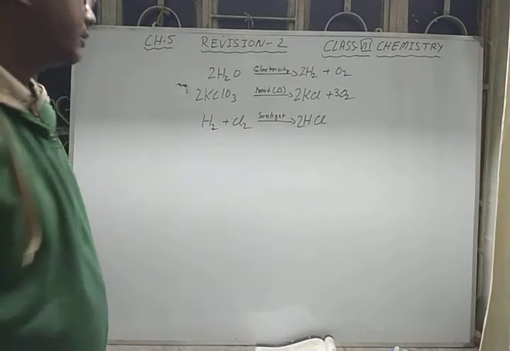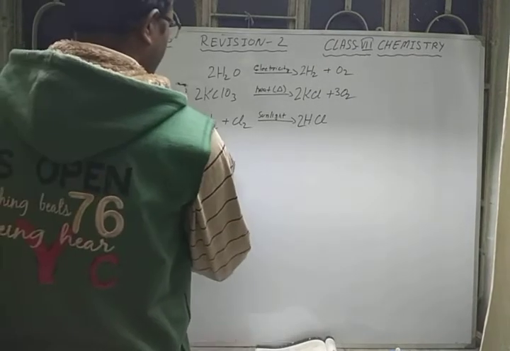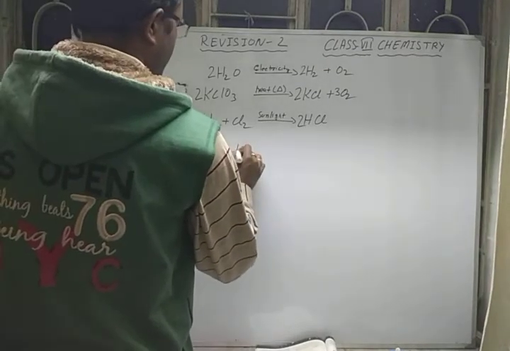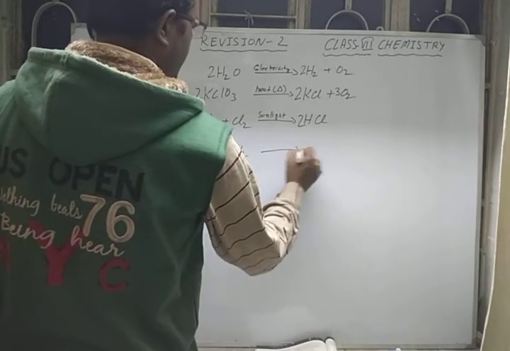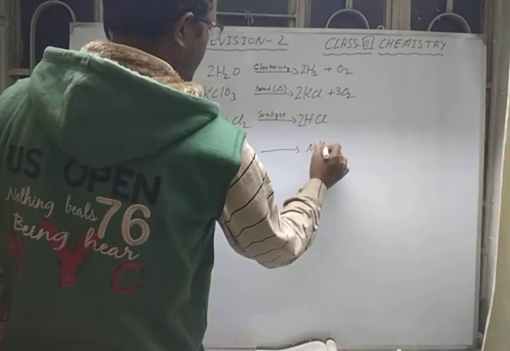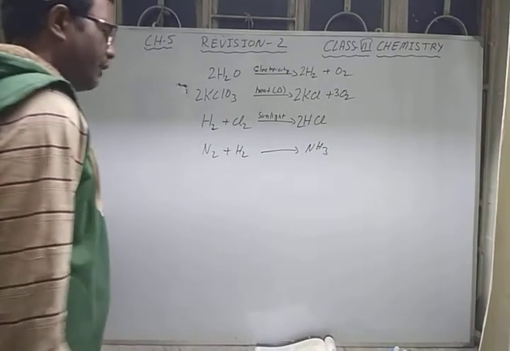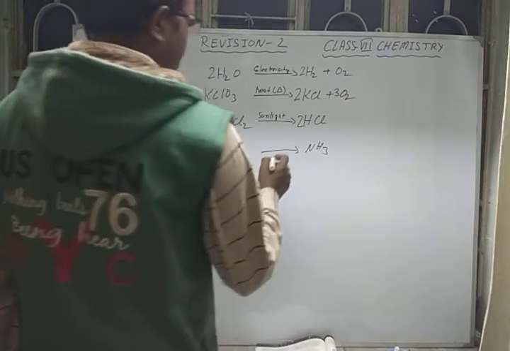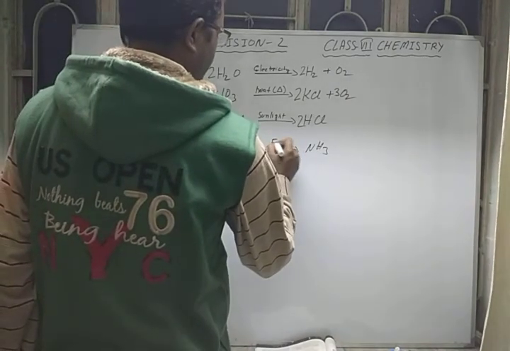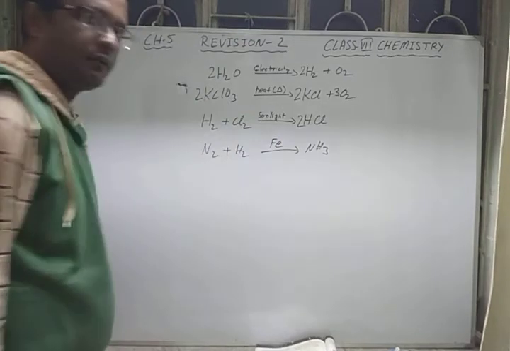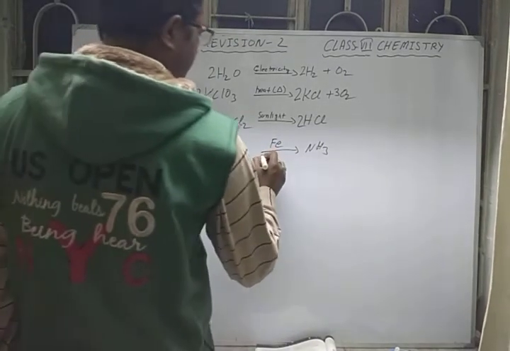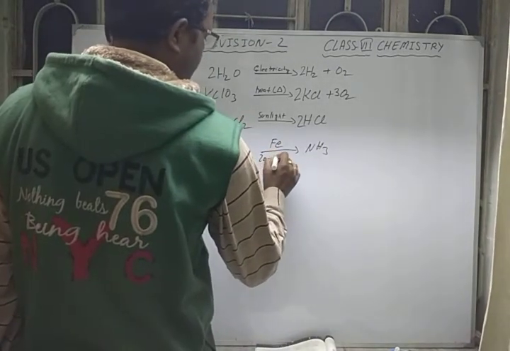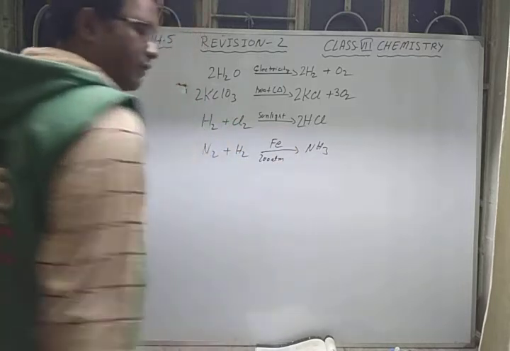Okay, suppose you write N2 plus H2, it becomes NH3. So this is ammonia preparation. For this reaction we use iron as a catalyst, so write Fe. Here we need 200 atmospheric pressure, you must also write this.